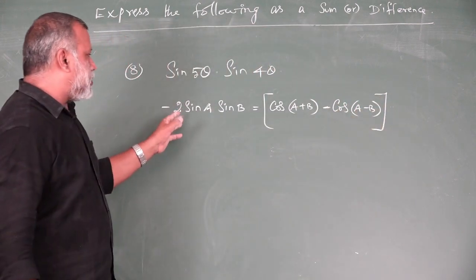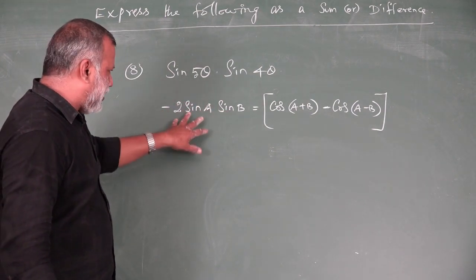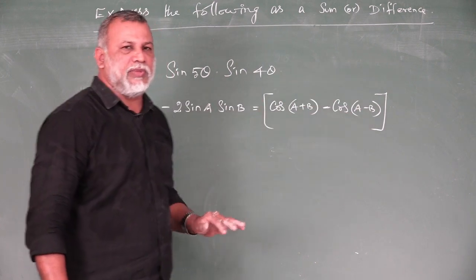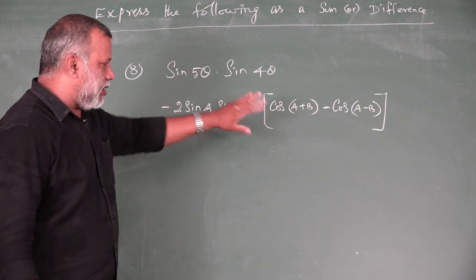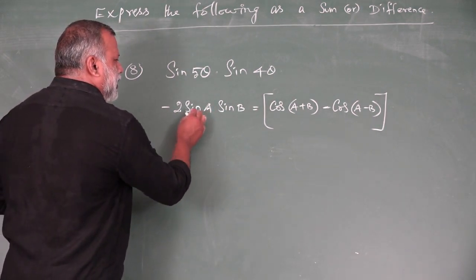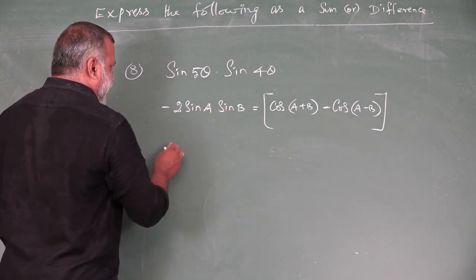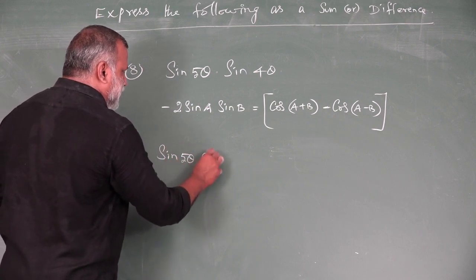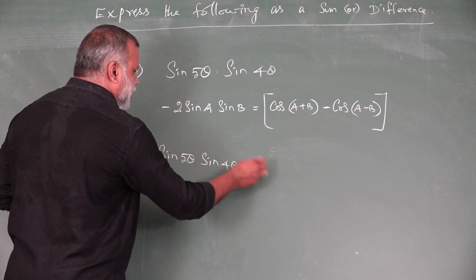So 2 sin A sin B, if we want to find this result, equals cos of A plus B minus cos of A minus B. You can refer to all these concepts, we already derived everything. Now listen here, we want sin A sin B only. That means sin 5 theta, sin 4 theta.